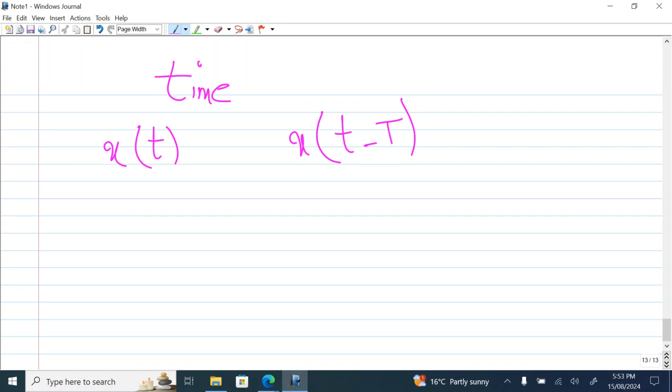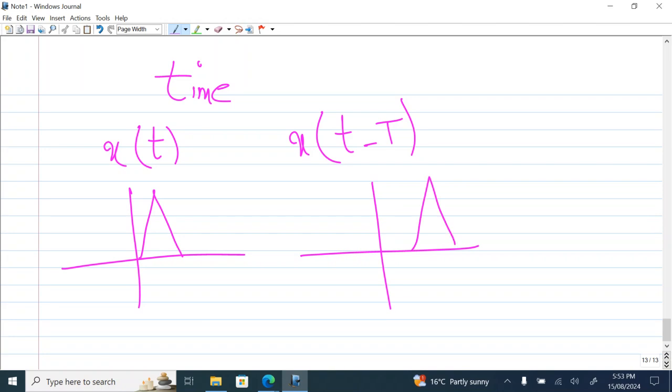So although the values are not the same, if that's x of t, that's x of t minus T. Okay? So they are both time. Here on the x-axis, that's time. And here, that's time. Okay? Does that make sense? Okay, now we'll go back here.